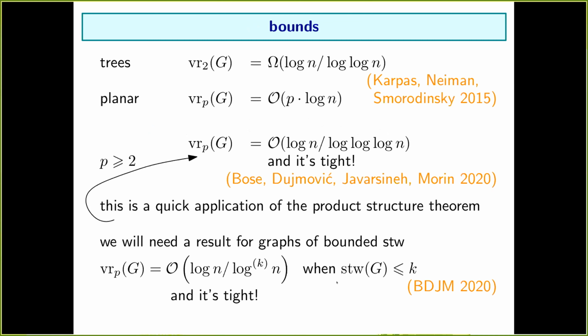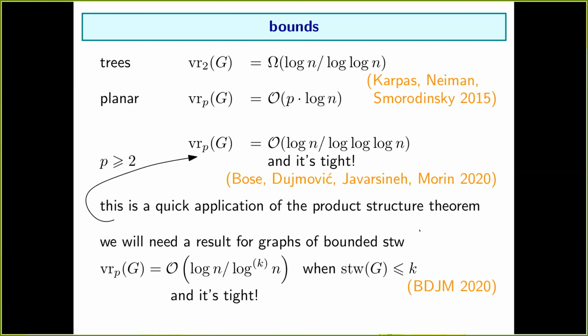Yes, so if you're looking for this exact asymptotics log n over log log n, I bet you have to look at the stacked triangulations. And you need triangulation. Yes. So I mean the lower bound you state there for trees, is there a matching upper bound?